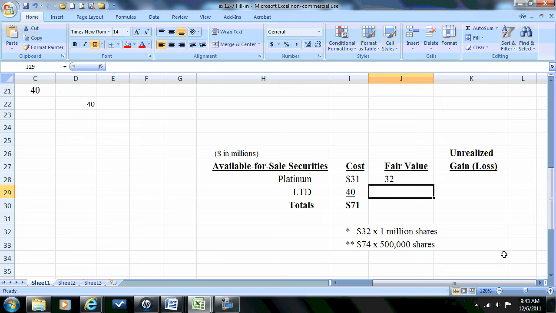so we're going to take the $74 a share, times it by 500,000, and it comes out to be 0.5 here because we're dealing in millions. So the fair value of our investment in LTD is going to be measured at $37 million.